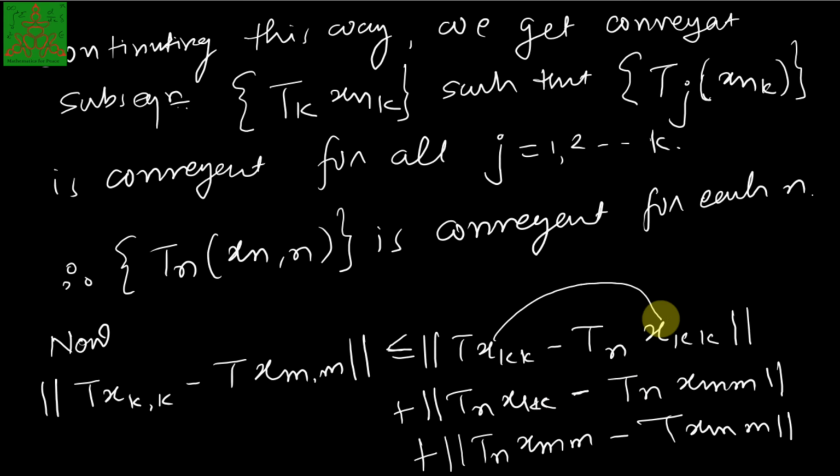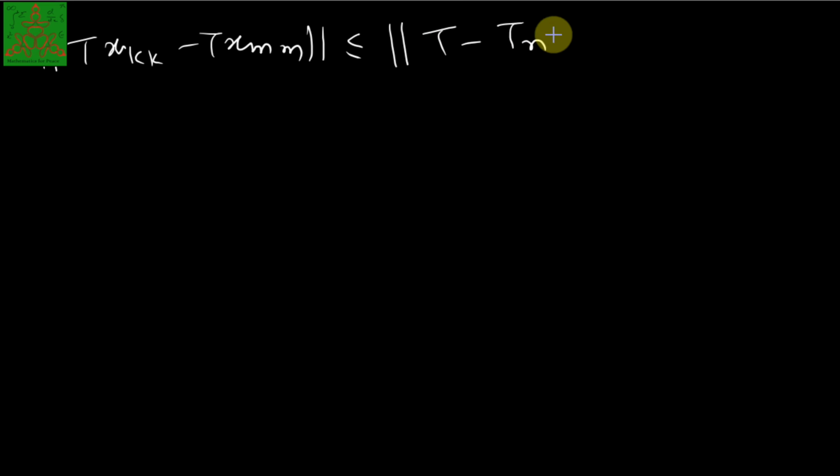Now here x_{kk} is the same, so I can take this as the definition of pointwise subtraction. Here I'm applying that Tn is linear, and here also the same thing. So therefore by doing this, the norm of T x_{kk} minus T x_{mm} is less than or equal to the norm of T minus Tn times the norm of x_{kk}.